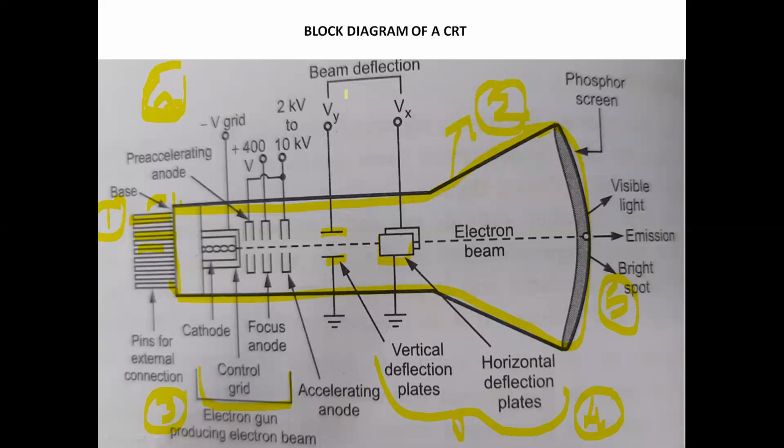And the fourth section is the deflection system, which consists of a pair of vertical deflection plates and a pair of horizontal deflection plates. And the fifth one is the fluorescent screen, and the sixth one is the power supply. Okay, now we will discuss point by point, section by section.